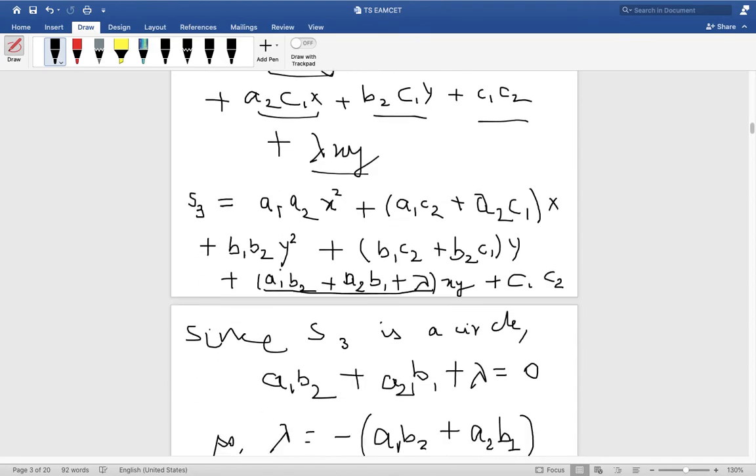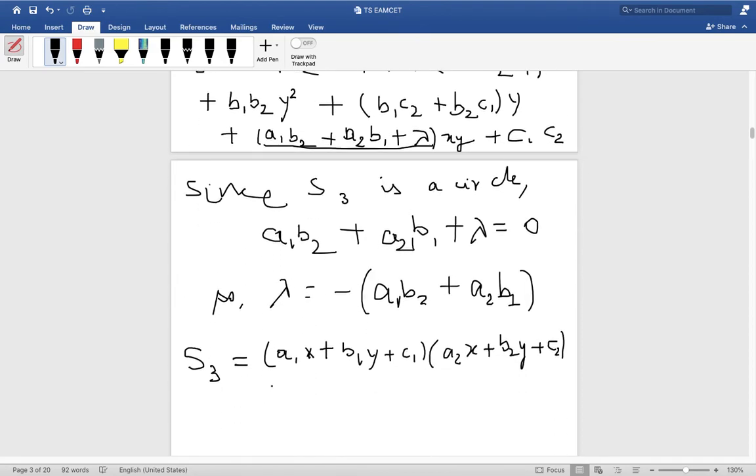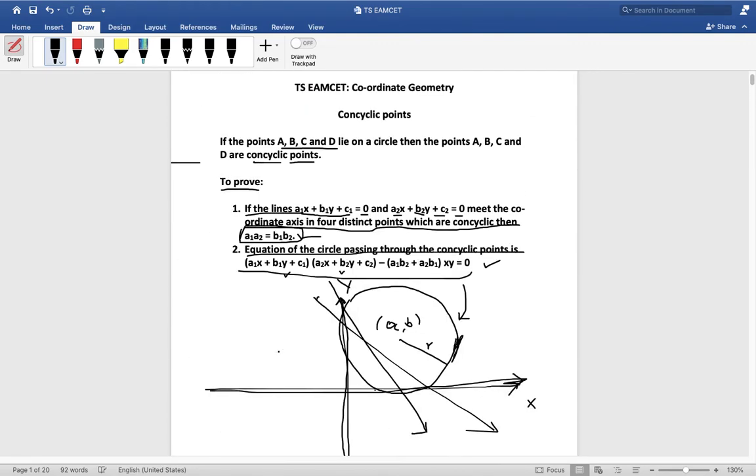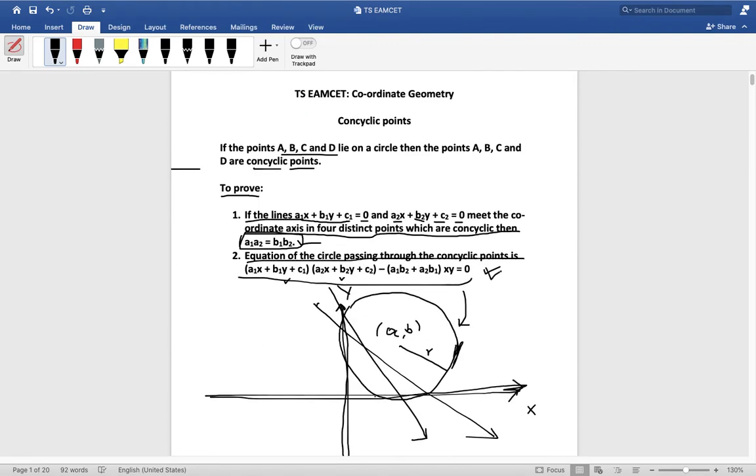What is the value of lambda? Lambda is here, minus of a1 b2 plus a2 b1. So this is my equation of the circle, hence proved, which was part 2 of the problem. So we are done with this one.